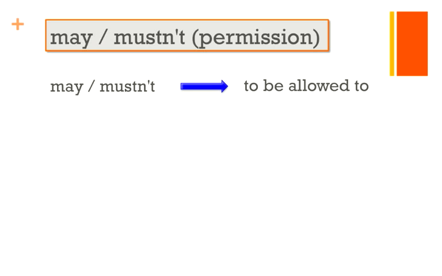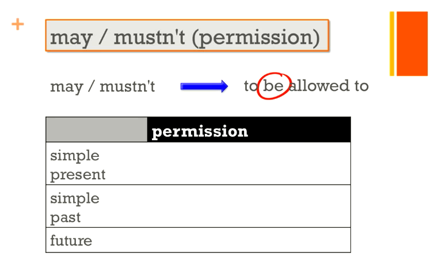And mustn't, the negative form, of course is not to be allowed to. And again, as with to be able to and can, you have the be here, and this is the solution for all your problems because to be can be put in all the different tenses. Let's have a look at the list: simple present, simple past, and future.